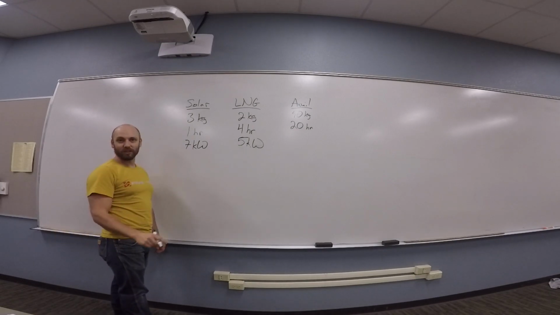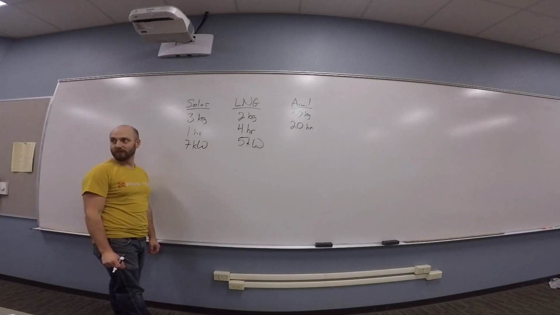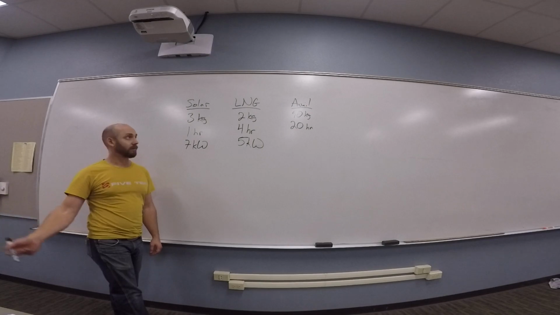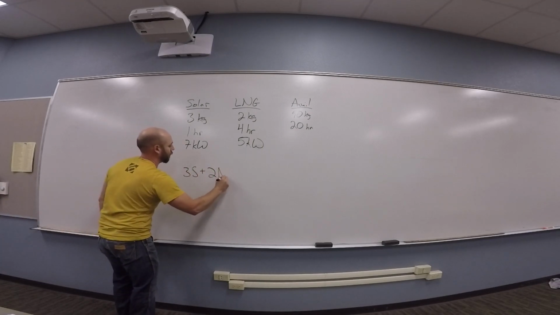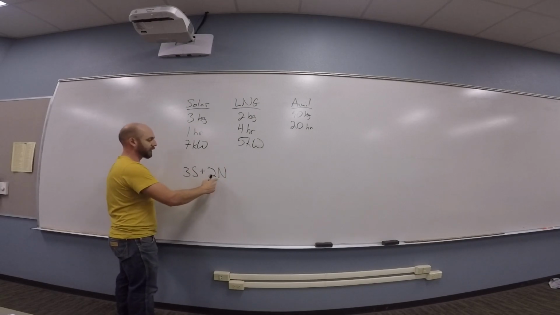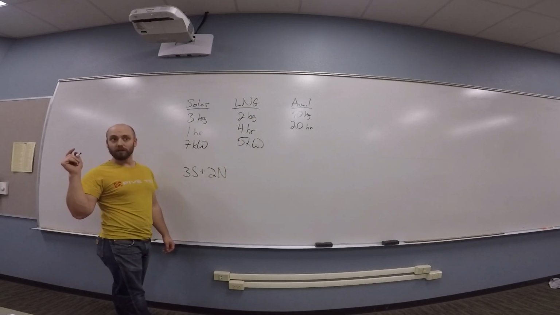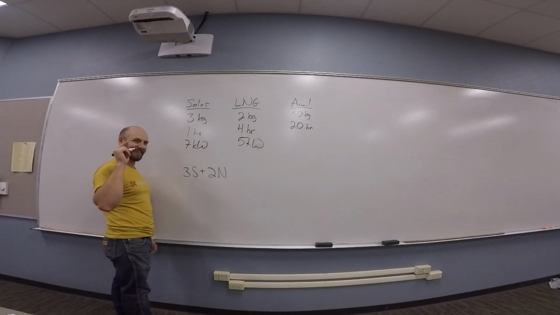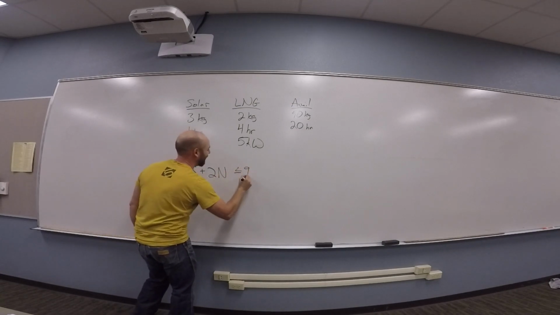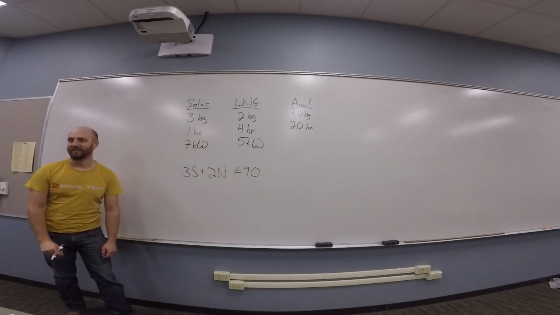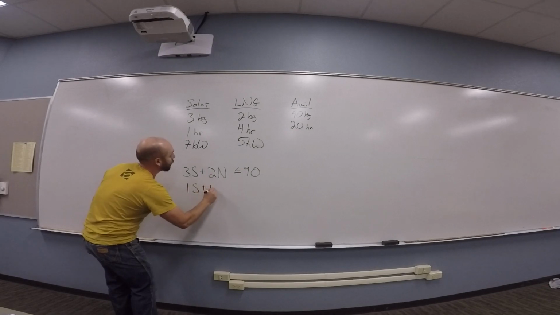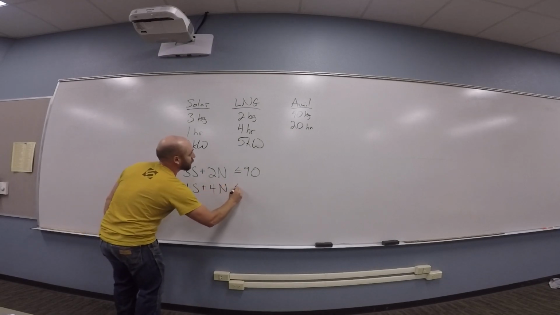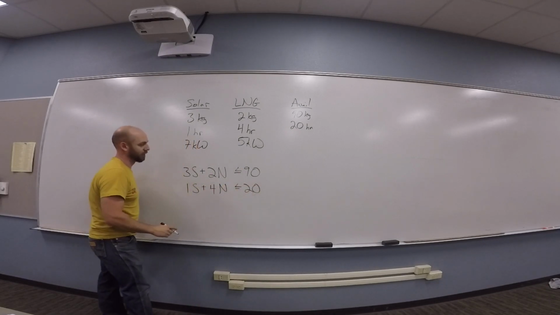Alright, so what are my equations? First things first, 3s plus 2n has to be less than or equal to 90. Then 1s plus 4n has to be less than or equal to 20.